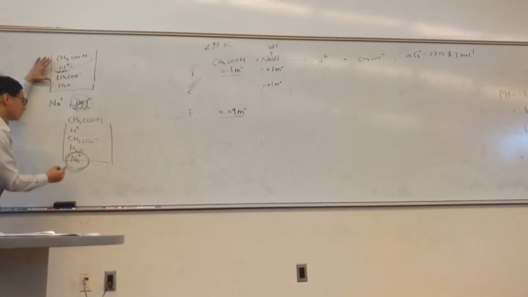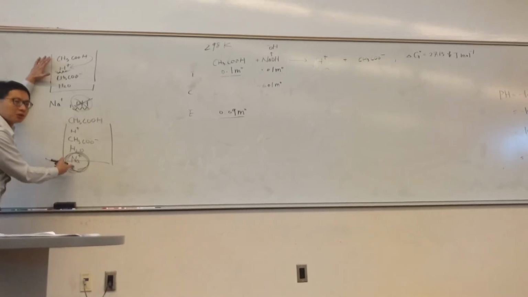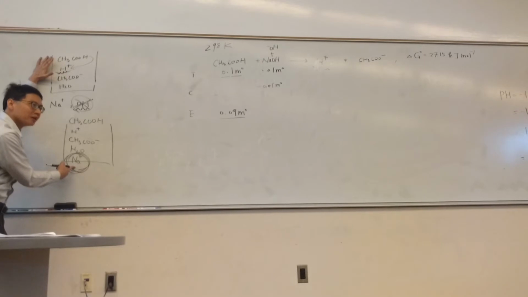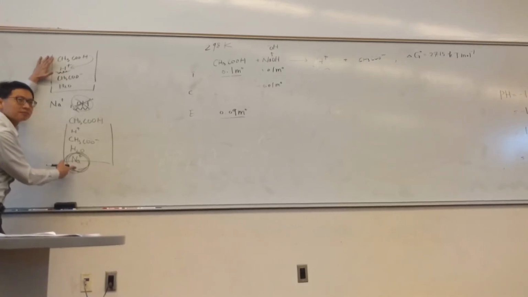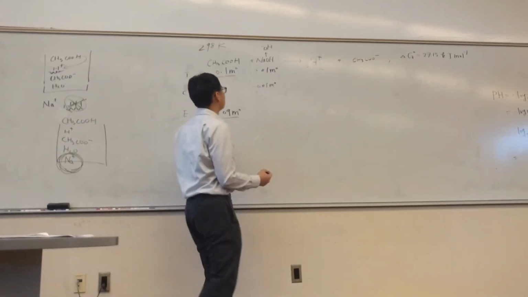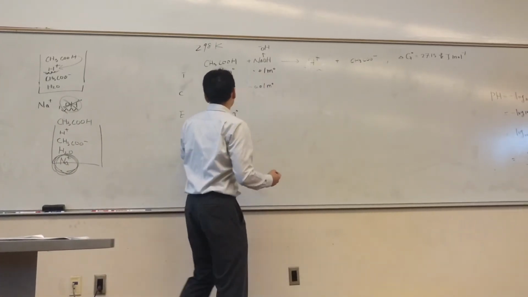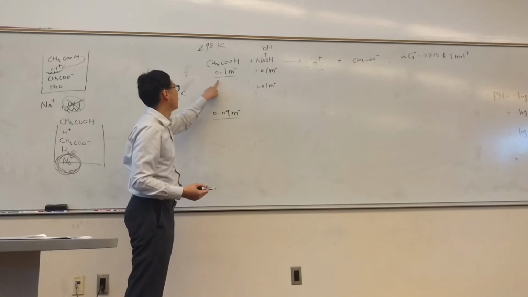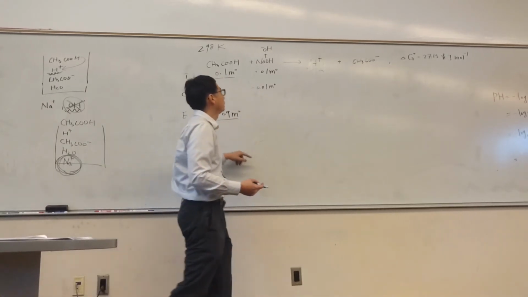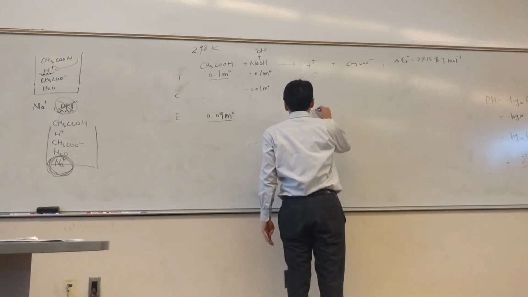So the effect of this is going to affect your ionic strength, and therefore your gamma plus minus. Get it? In the end, it's going to consume very much of the CH3COOH inside your solution, but it's still going to produce some.